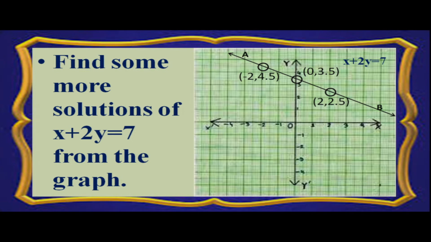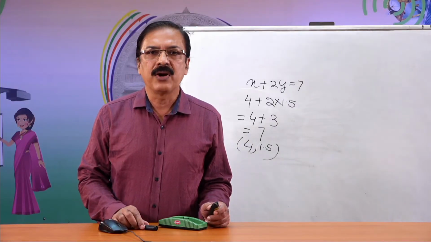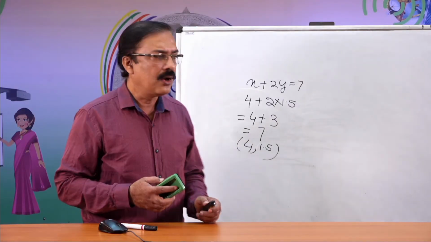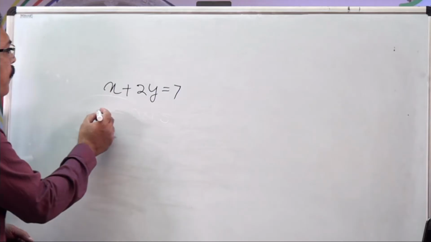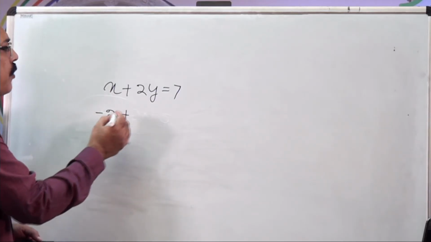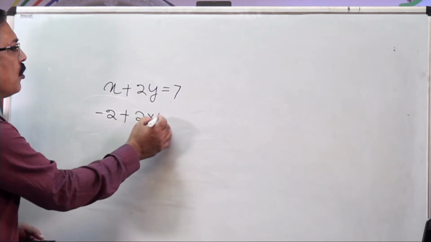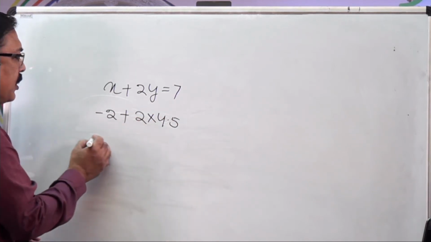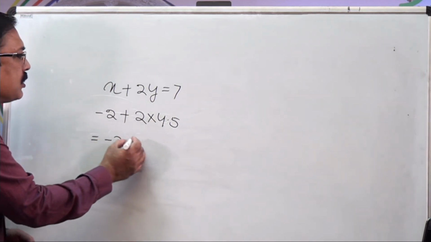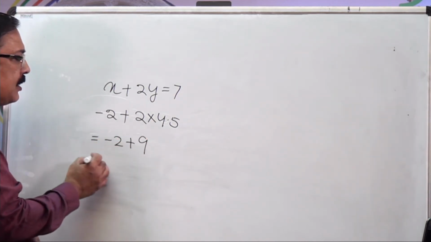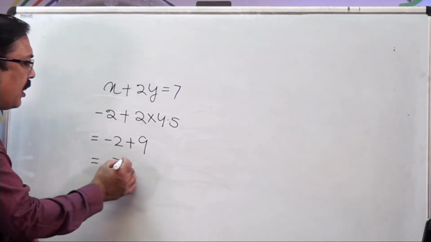Now let's have a look whether these points are solutions or not. We can say minus 2 plus 2 into 4.5, this gives minus 2 plus 9, that gives 7.